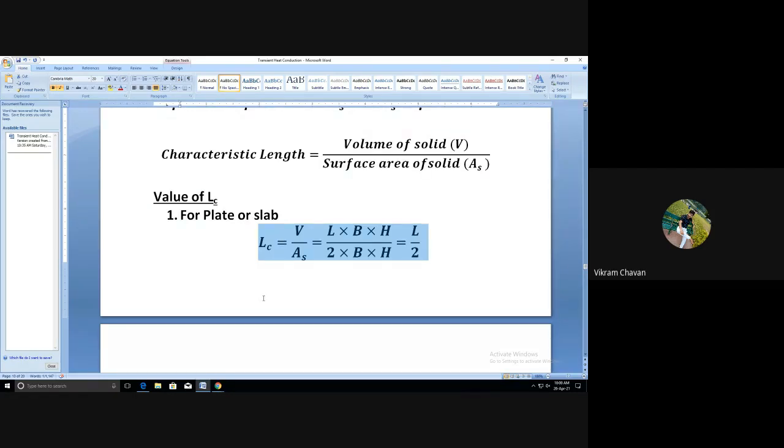So volume of plate or slab is L multiplied by B multiplied by H, where L is nothing but the thickness, B is the width, and H is the height of that particular plate. This is the volume, and the surface area is 2 multiplied by B multiplied by H, 2BH. So that characteristic length is equal to L divided by 2, that is nothing but half of thickness.